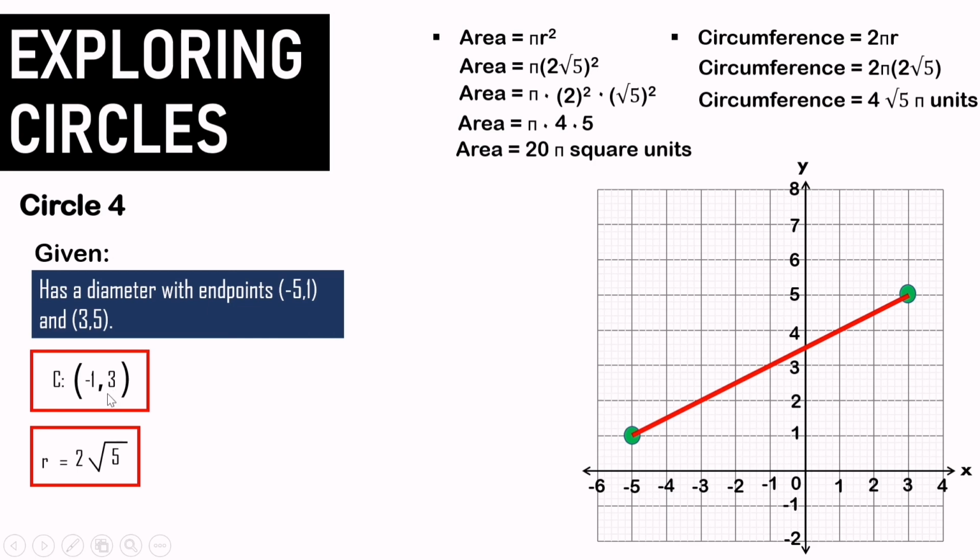Ang center kay naa sa negative 1, 3. So, nari diri negative 1. Count ta katula upward. So, 1, 2, 3. Uy, naa. Perfect. Ang ato ang radius kay 2 square root of 5. Ayun na lang ato ng drawing ng circle. So, kana siya. Mao din na siya itsura.